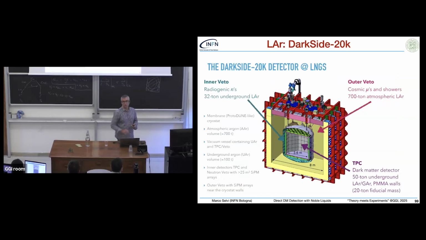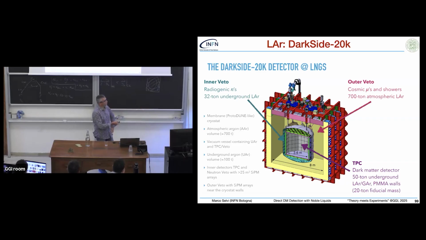And this is the sketch of DarkSide 20K, where we have from outside the outer Veto. This red cube at the outside is about 10 meters in size. The outer layer is filled with standard argon, while inside the cryostat there is the underground argon.